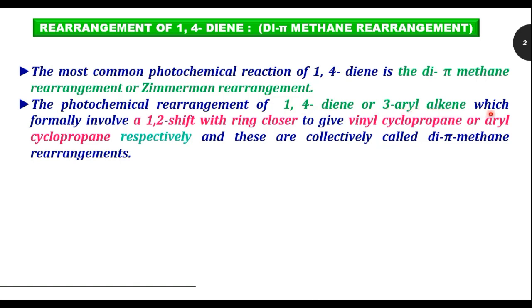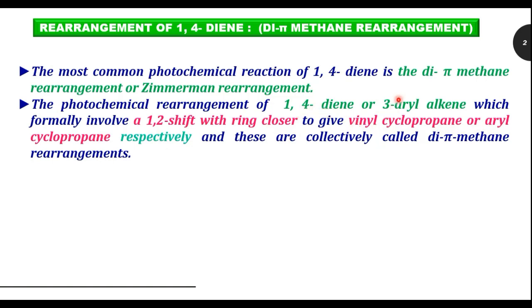So this involves a 1,2 shift. The shifting of a group from the first position to the second position takes place through a ring closure reaction. The final product is a vinyl cyclopropane or an aryl cyclopropane respectively. That means if you take a 1,4-diene, the product is vinyl cyclopropane.